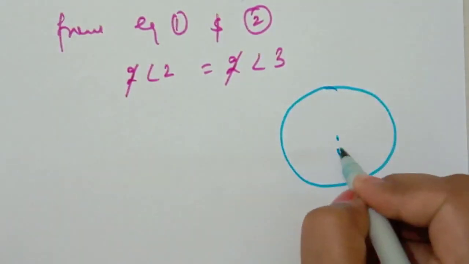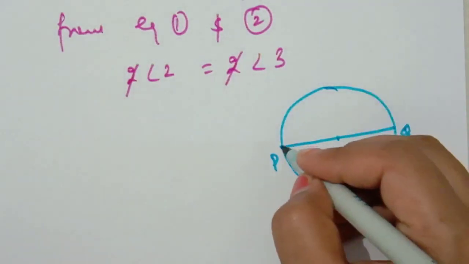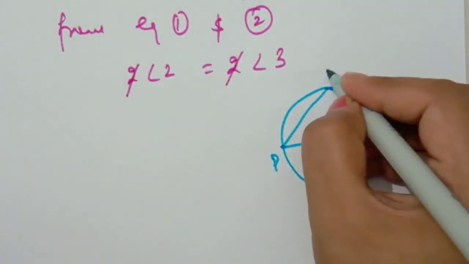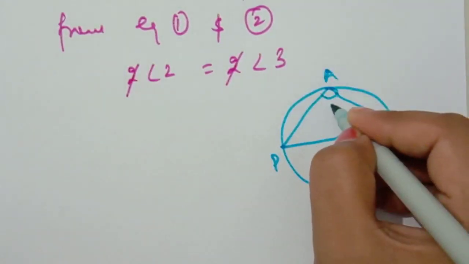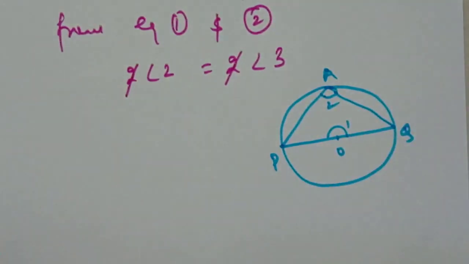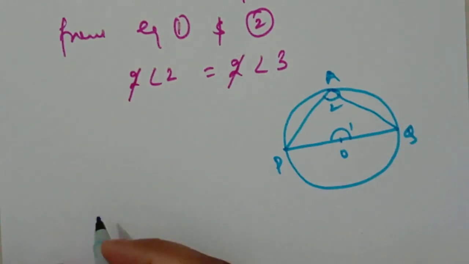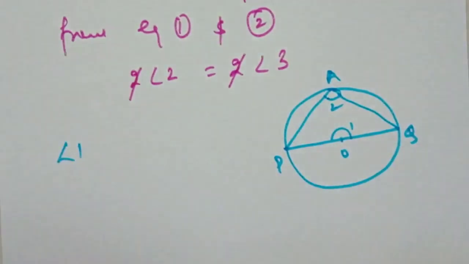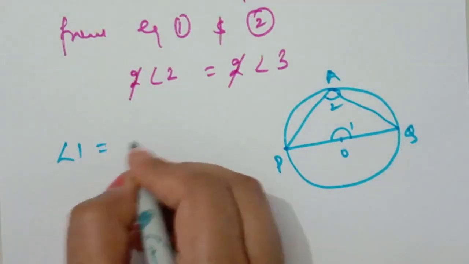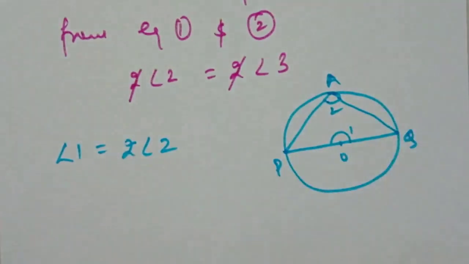This is the center O, this is our semi arc PQ, this is angle 2 and this is angle 1. According to theorem 10.8, we already proved this. Correct? Here we know that PQ is the diameter, which means it is a straight line segment.